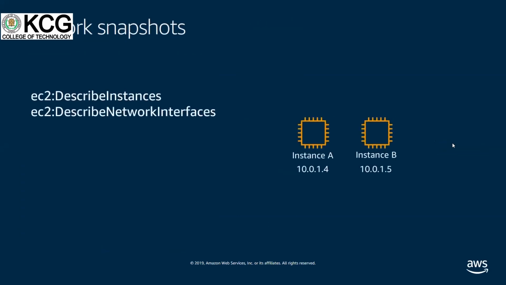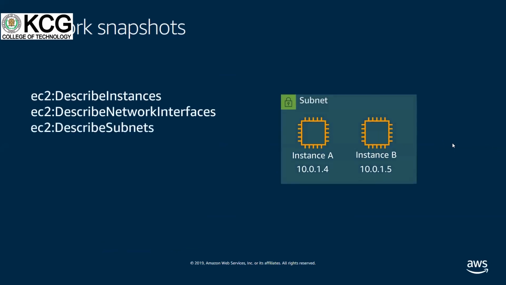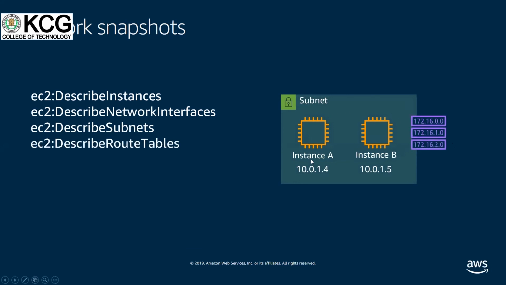So you take snapshots of these networks. Instances are basically servers. So you've got two servers, and both of them are in a subnet. The subnet has a route table, meaning the route table is the one that says how you route this traffic. It tells you, if a packet comes in, where's the next hop?